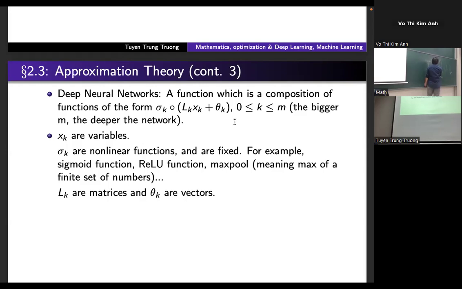Theta is a vector in R^50, and L is a linear map from R^100 to R^50. So it has 50 rows and 100 columns.